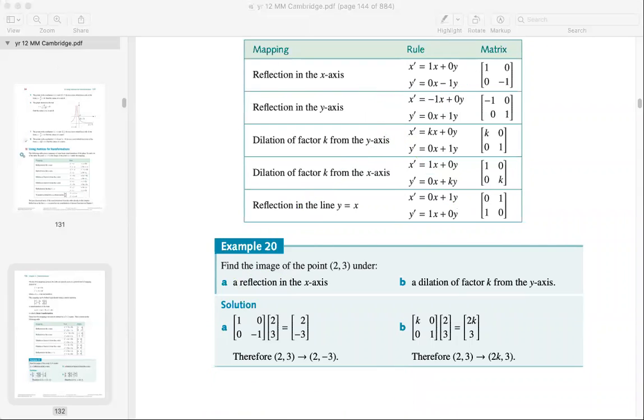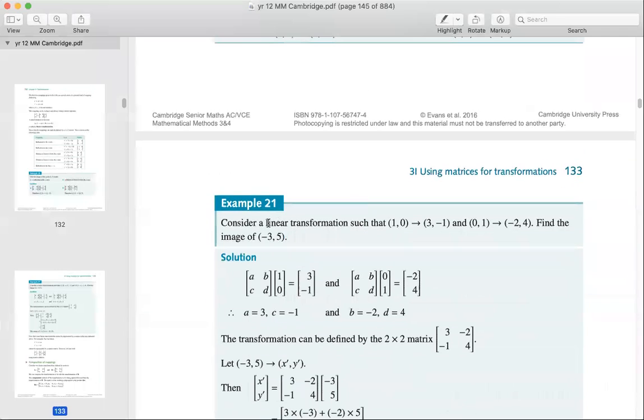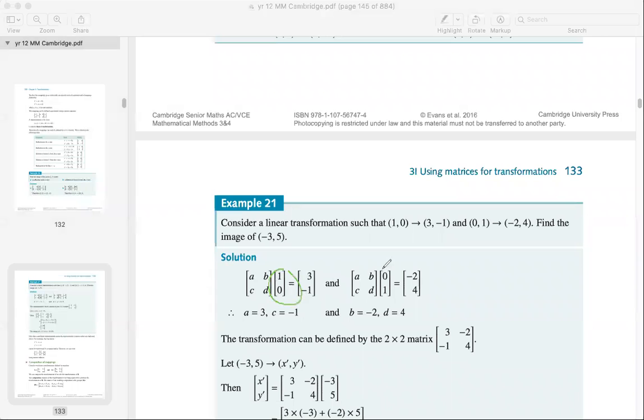Okay, so let's move on to the next one. Again, consider a linear transformation such that (1,0) goes to (3,-1), and (0,1) goes to (-2,4). Find the image of (3,5). That's the problem here. Because we know the point (1,0) and we know the point (0,1), we need to figure out A, C and B, D, which means the transformation matrix.